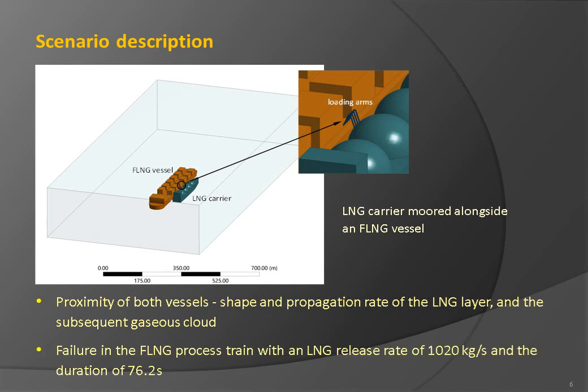The simulation results that I'll present and discuss are for the case where a failure in the FLNG process train leads to an LNG release with a mass flow rate of 1020 kg per second and the duration of 76.2 seconds. The release is at a height of 20 meters.